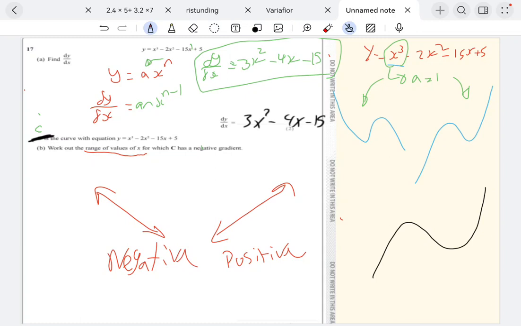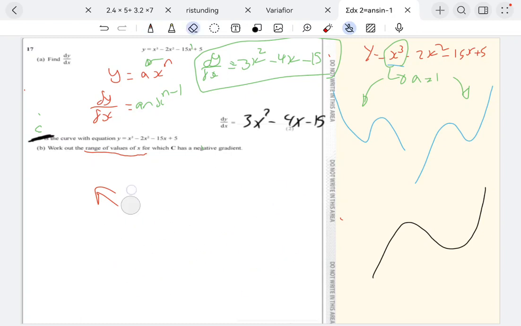Now, if you remember, I explained this idea before, of why we get the derivative. If I wanted the gradient at this point, what will I do?